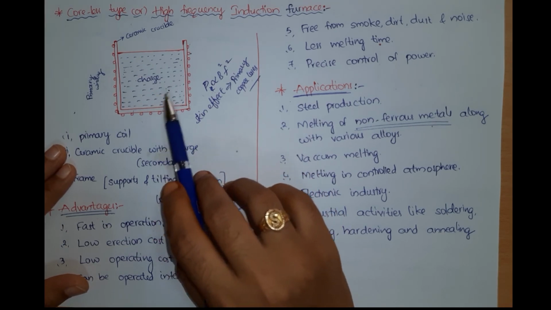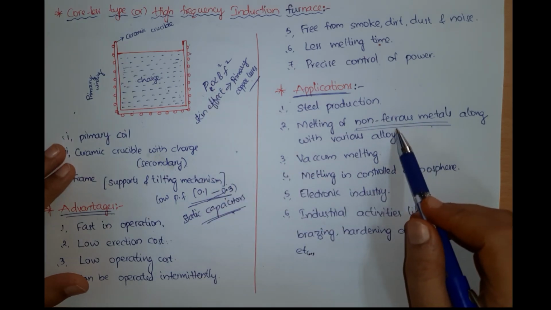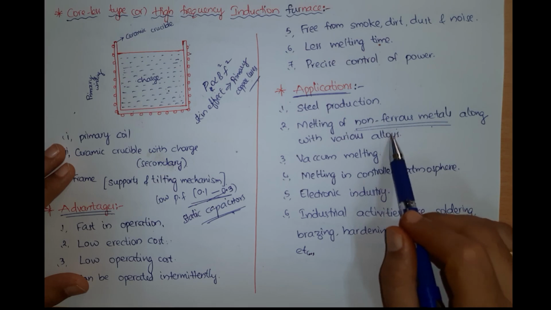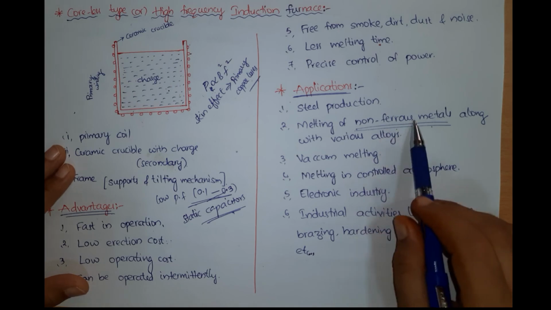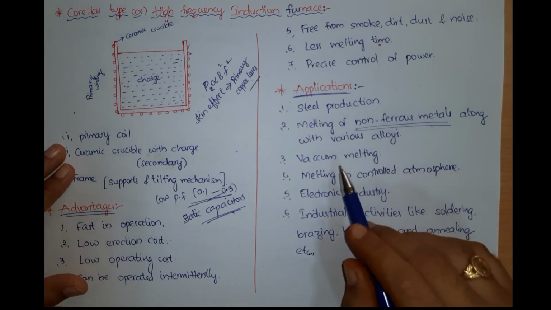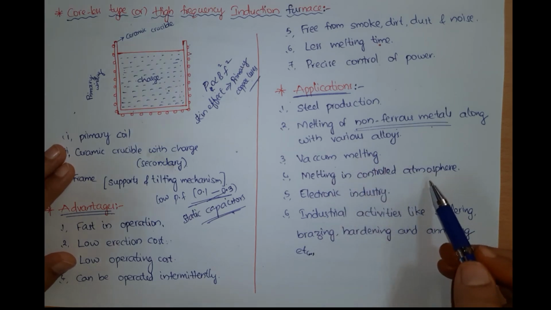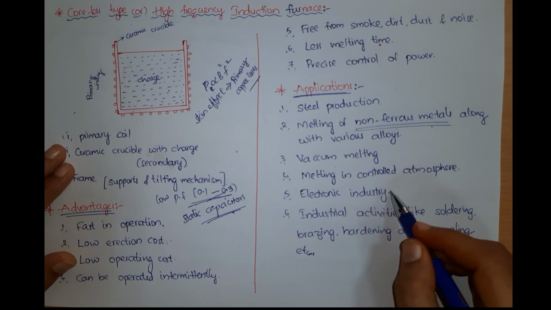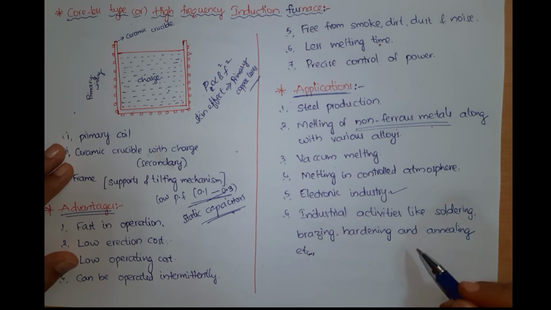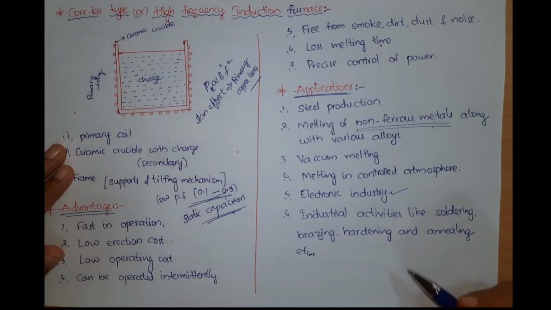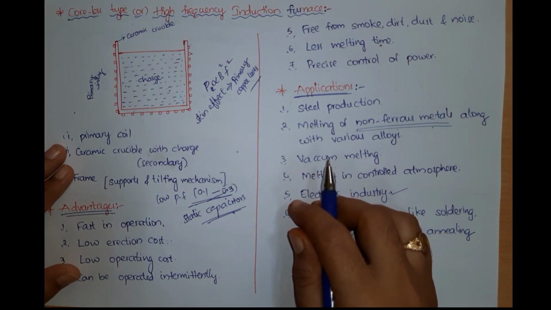It is also suitable for vacuum melting and melting in controlled atmosphere. It is also used in the electronic industry as well as industrial activities like soldering, brazing, hardening and annealing. For such applications, this coreless type or high frequency induction furnace is suitable.